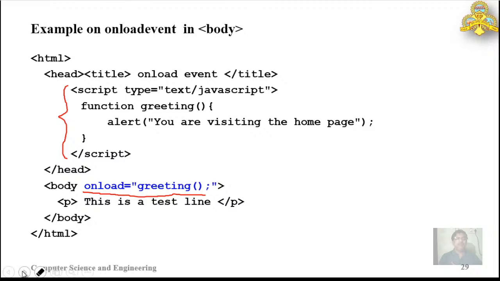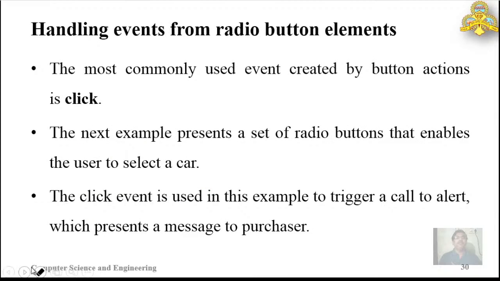Likewise, we go to the next one, that is radio button elements. Buttons are of several types. One is normal buttons, then radio buttons, and then checkbox buttons. In the next example, we give a simple demonstration of a set of radio buttons.